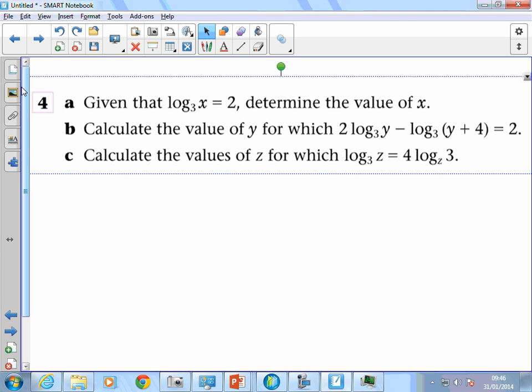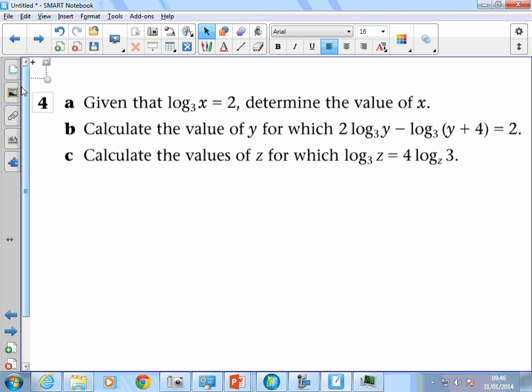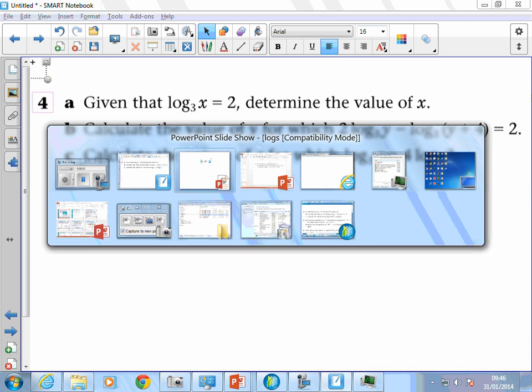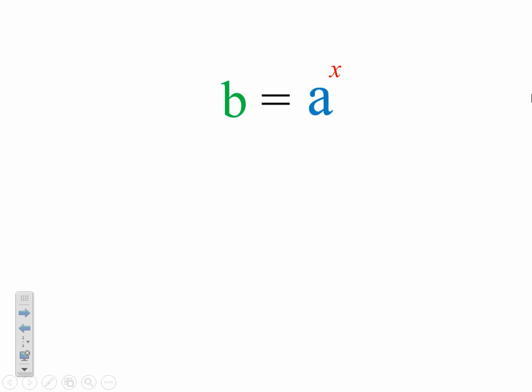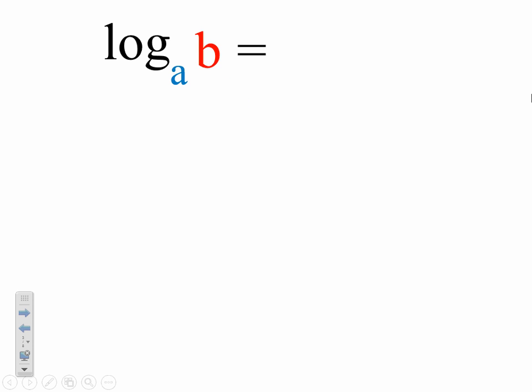Okay, so let's have a look at part C. Calculate the values of z for which log with base 3 of z is equal to 4 log with base z of 3. Now, I'm just going to go back to what I like to call the special case of the change of base formula, so I'm just going to remind you of that.